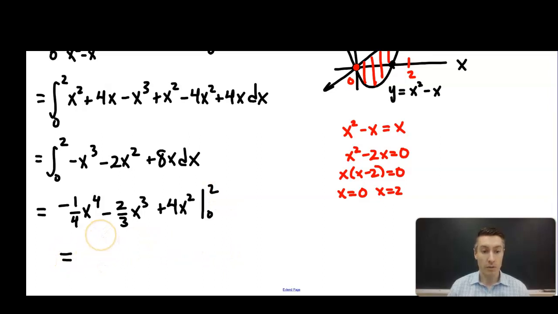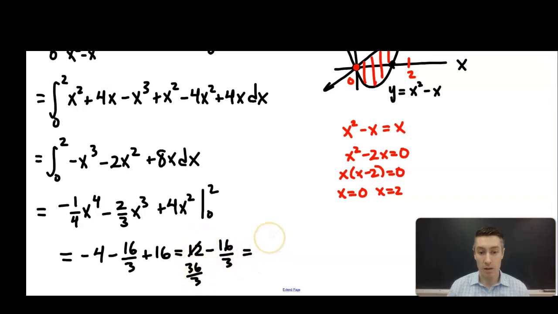So that's going to be 16 times negative 1/4 is negative 4. 2 cubed is 8, so 16 over 3 minus 16 over 3. 4 times 4 is plus 16, and substituting 0 into all three terms would give us 0. So it's going to be 12 minus 16 over 3, which this is really 36 over 3.